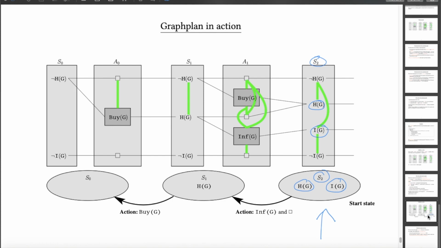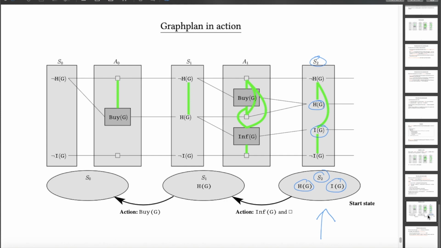And the idea here is straightforward. We work backwards towards the beginning of the planning graph. And the aim is, at each step, we're doing a search to find a combination of actions within the planning graph that will achieve the propositions we need at the next level of the planning graph.